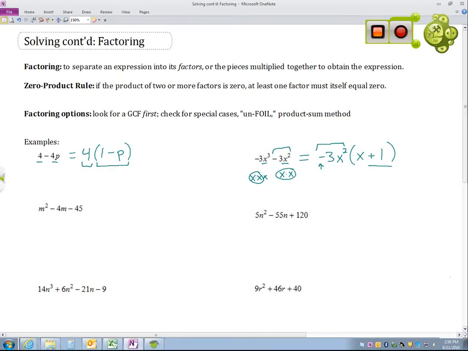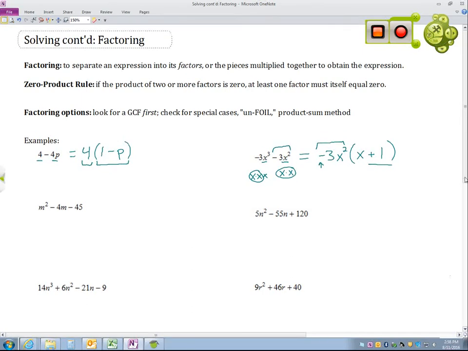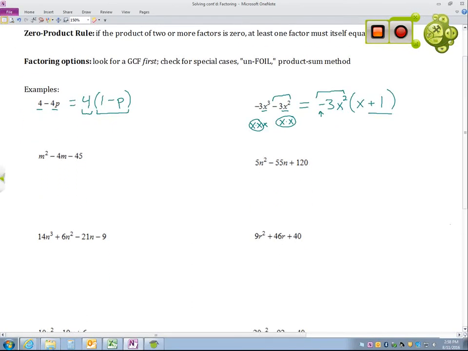Because if we put minus 1 in there, then if we redistribute, we would have plus 3x squared, and we want minus. All right, so negative 3x squared times the quantity x plus 1 is our final factored answer there. Okay. All right, so that's GCF stuff, and GCF can be mixed in with other methods, so you still want to look at that first.